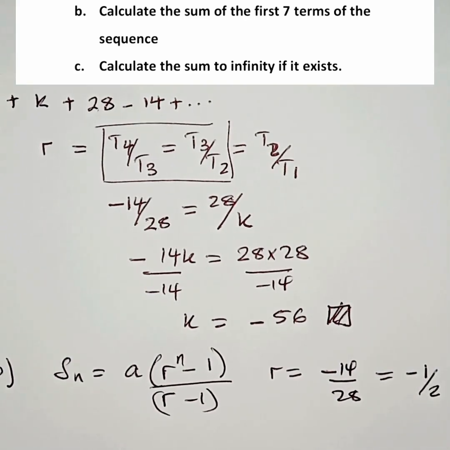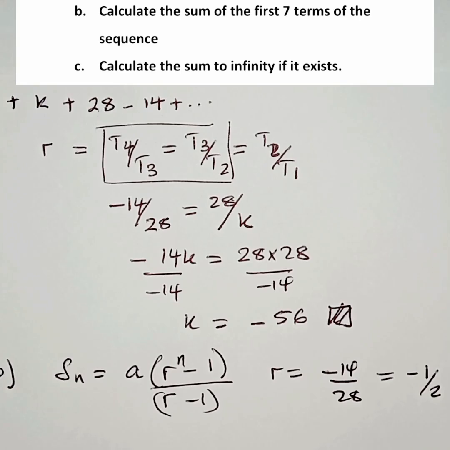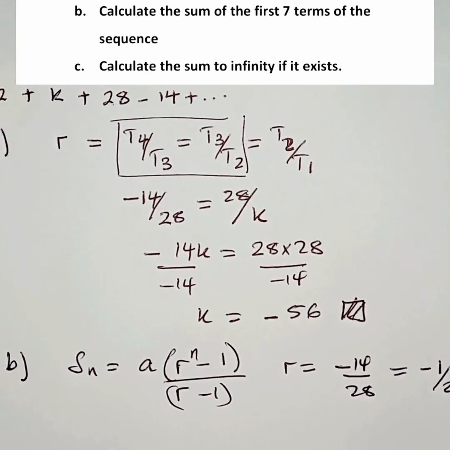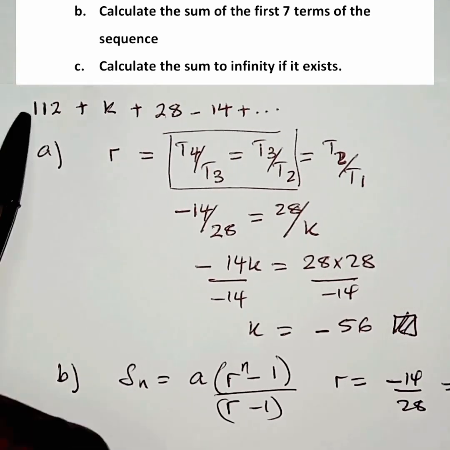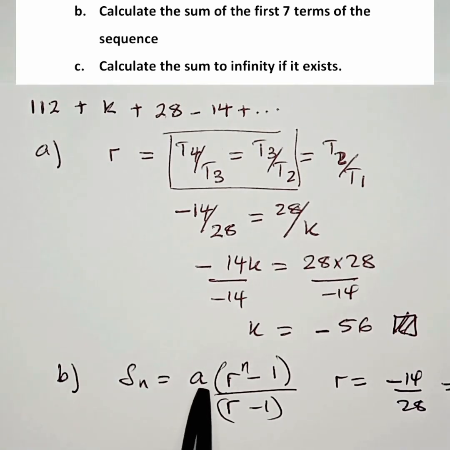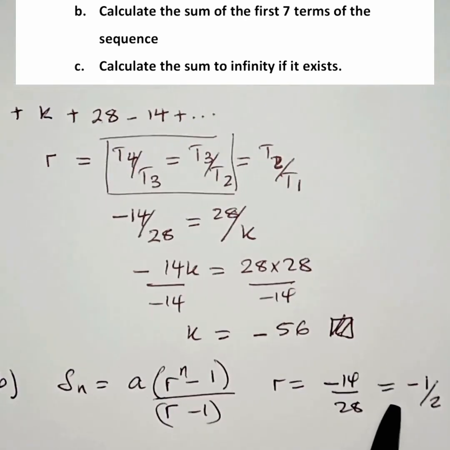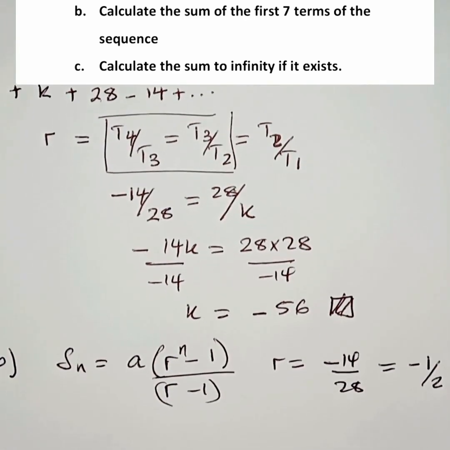Now we need to take that back into the formula for the sum of terms of a geometric sequence. We have our first term. Our first term is 112, and that is A, and we have R, which is minus 1 over 2. So we are going to put those in that equation.